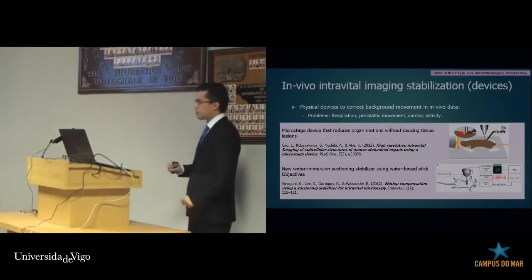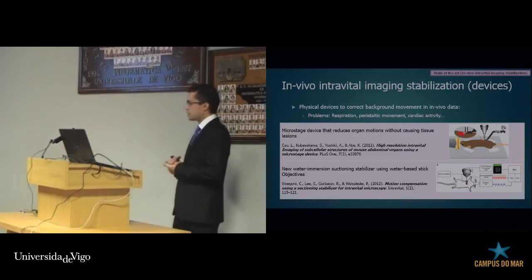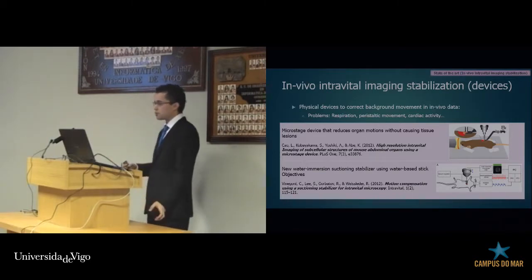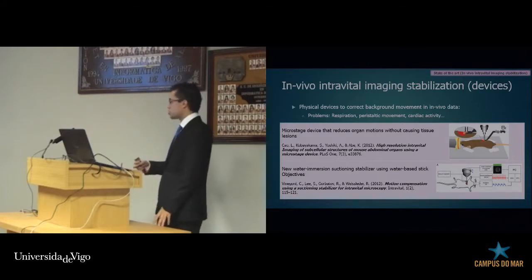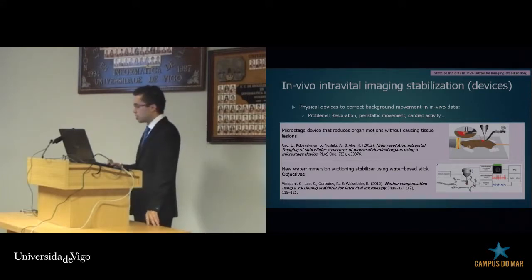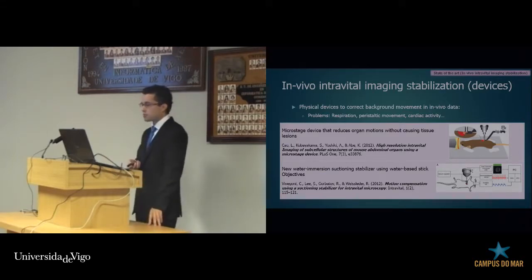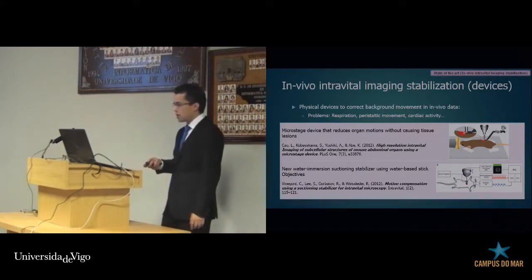Only a brief overview about the state of the art of the main work that people have done. There are a lot of physical devices that people are trying to use to reduce or remove the motion. For example, the first one is a microstage device that reduces organ motion, for abdominal organs.